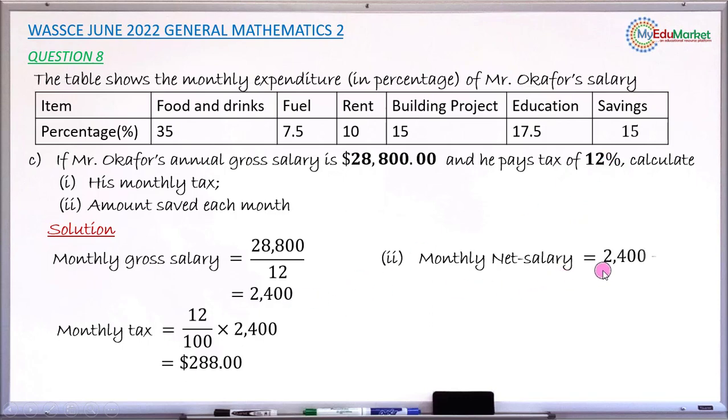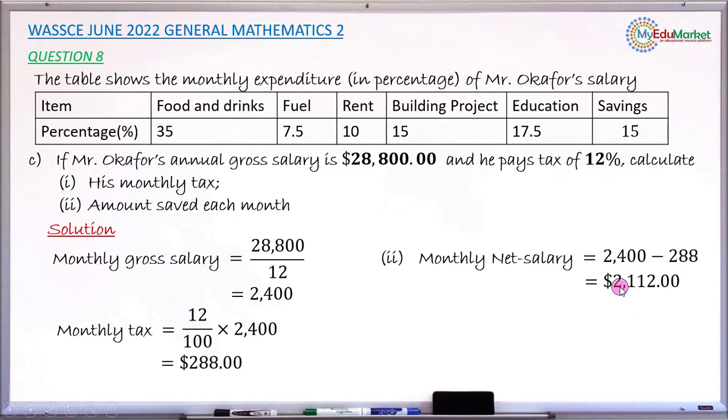So it's now going to be 2,400 minus the 12% of that gross salary, which is the tax, 288. Subtracting 288 from 2,400 correctly gives a result of $2,112.